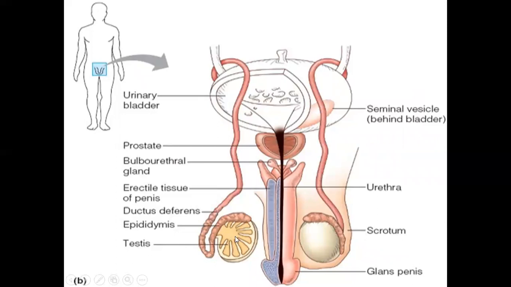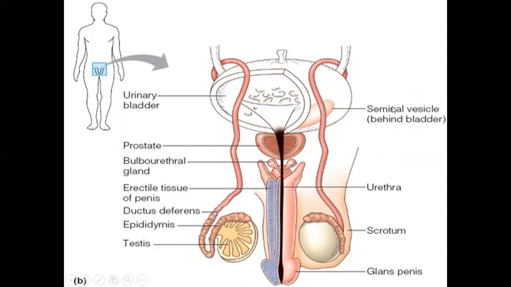So from the testes, the immature sperm go into the epididymis, where they develop flagella and become mature. Then during stimulation they are propelled forward into the ductus deferens, and from the ductus deferens they mix with the fluid of the seminal vesicle.